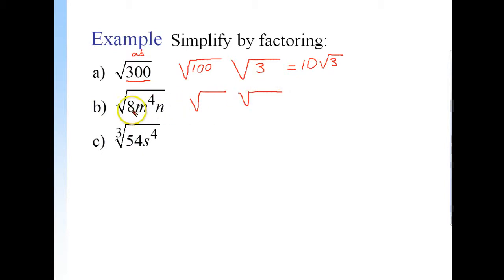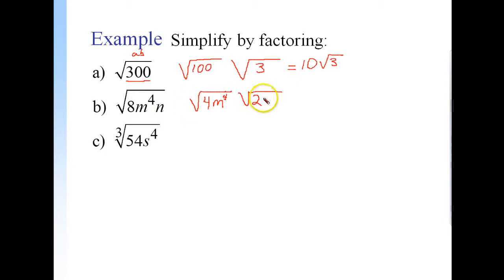Now, as we look at the product 8, is there a perfect square factor in 8? And the answer is yes, 4. And then the other part that's not a perfect square is 2. Now as we look at m to the 4th, is that a perfect square? And the answer is yes, because it's an even exponent.